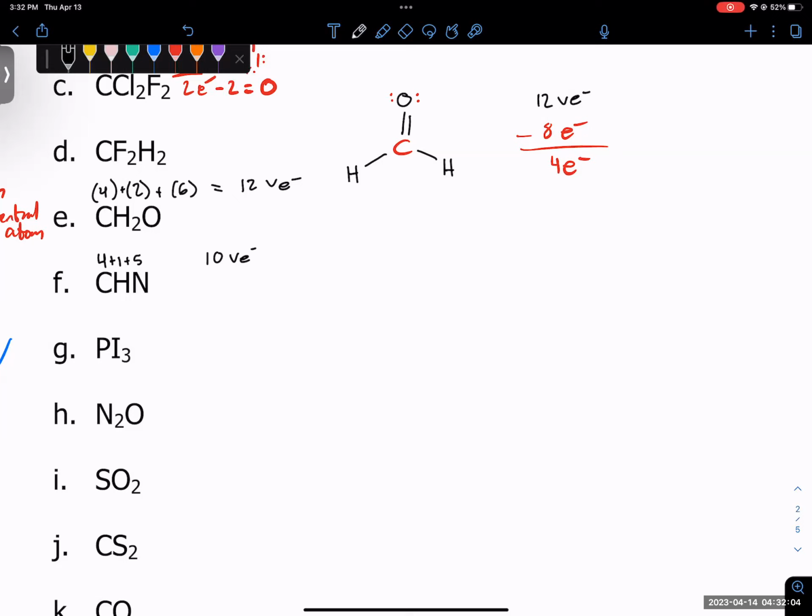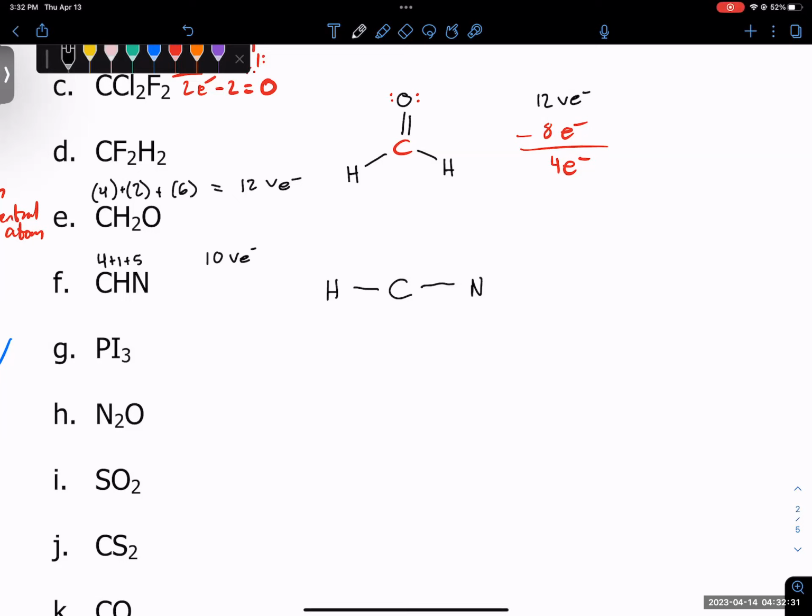I got a feeling it's carbon, right? Because carbon is fairly good at sharing its electrons. So let's go ahead and put carbon in the middle, like y'all said. And we put our nitrogen and our hydrogen on opposite sides. So the next thing we do is draw a bond from the central atom to the terminal atoms. So carbon to nitrogen, carbon to hydrogen.